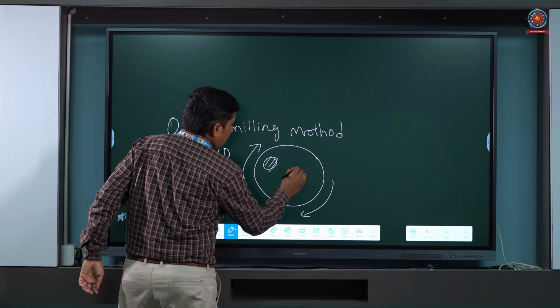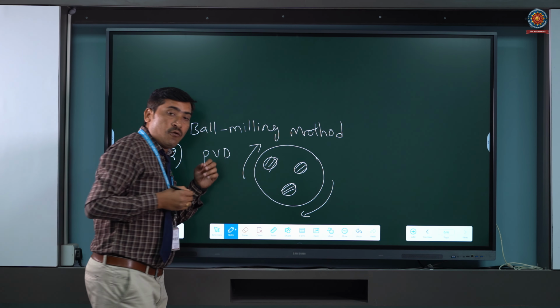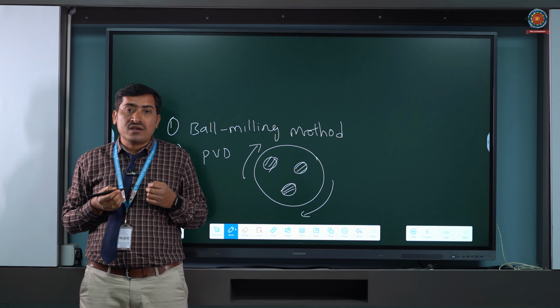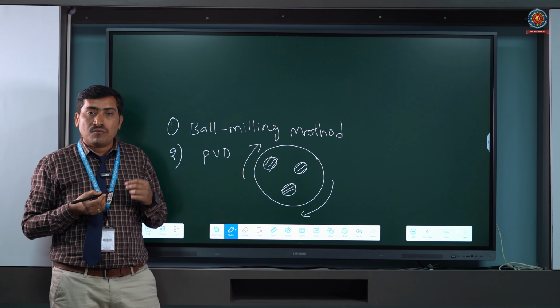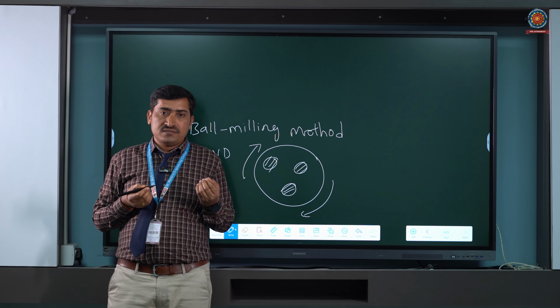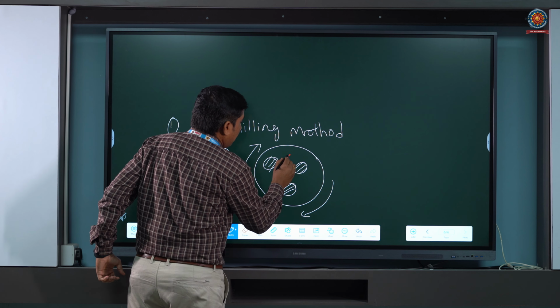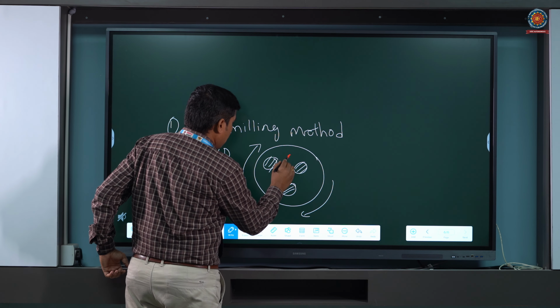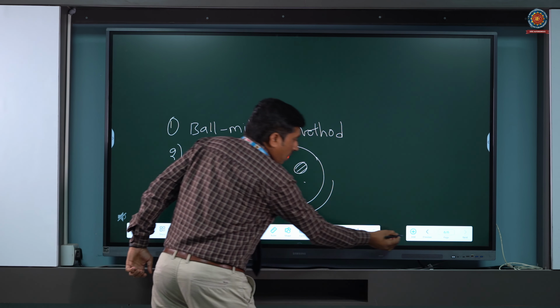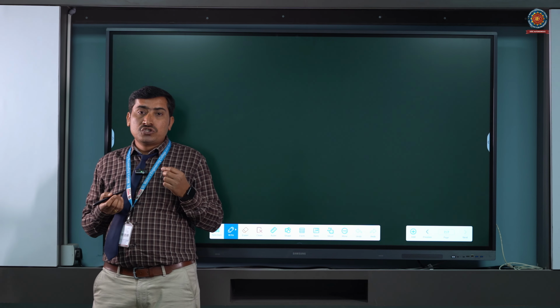We fill 30 to 40% of the complete volume with the iron or steel balls, and we also insert our raw material. So the top-down approach is completed.